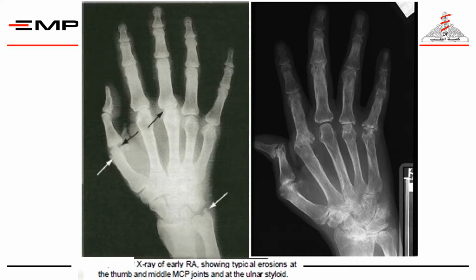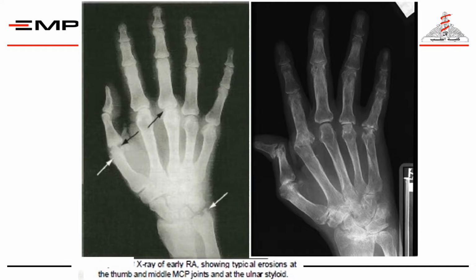Here, X-ray of the hands showing early rheumatoid arthritis, typical erosions at the thumb and middle metacarpophalangeal joints and at the ulnar styloid.